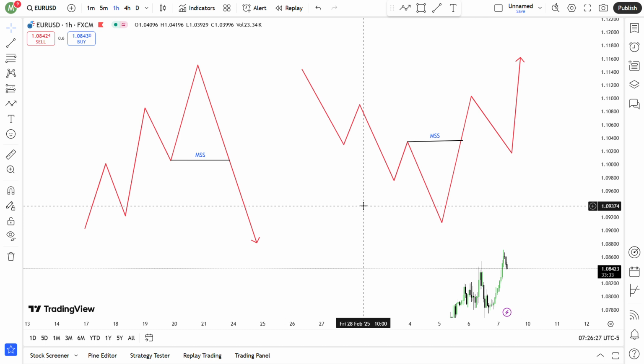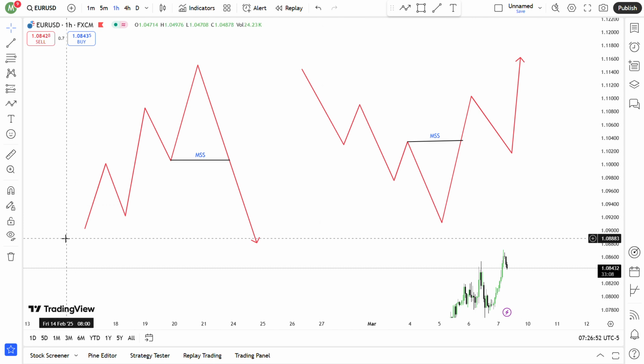We are using it for reversal entry. Not every single point is a liquidity point. You need to find the proper liquidity, which is buy side liquidity or sell side liquidity. In this video, I will teach you how to draw buy side liquidity in the live market.